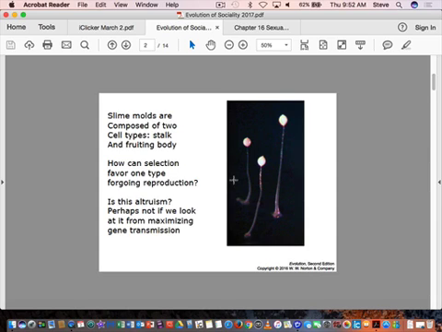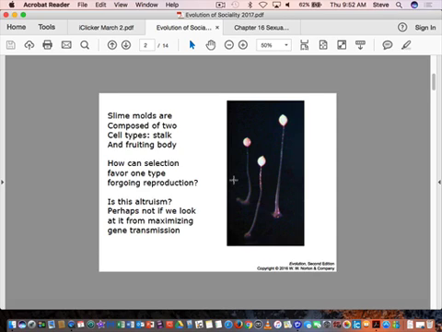The stalk, in general, is a cell type that never produces any spores or offspring, or it's hard to talk about slime molds producing offspring, but in general, the stalk is part of the organism that doesn't produce any offspring. The fruiting body is a separate cell type where the offspring are produced.